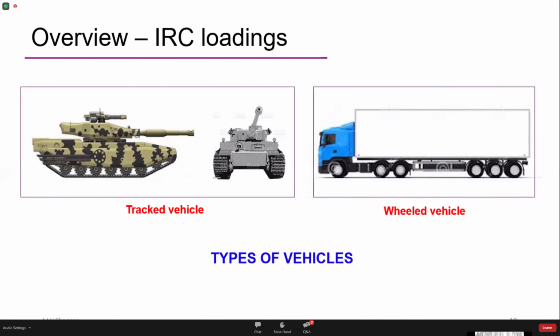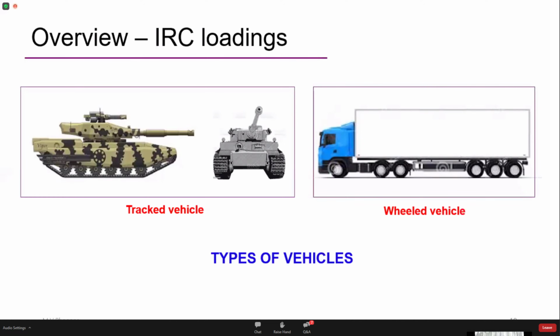IRC 6 has given the loadings in the form of tracked vehicle loading and wheeled vehicle loading. Tracked vehicle loading simulates a battle tank, and wheeled vehicle loading means a long trailer having multiple axles subjected to various axle loads.